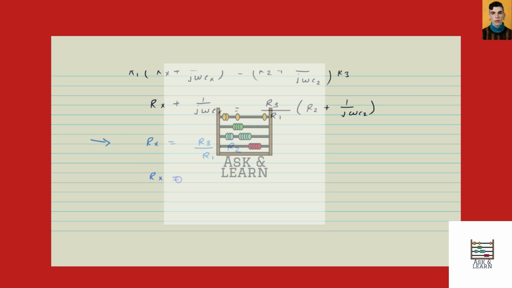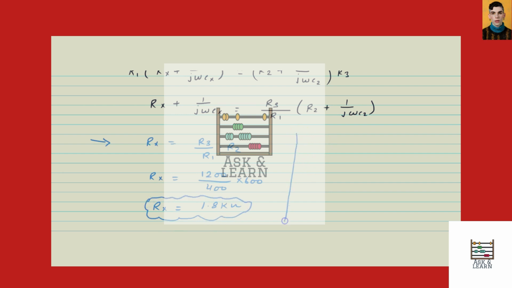Then put the values of R3, R1 and R2. It is simply 1200 upon 400 multiplied by 600. Then Rx will be 1.8 kilo ohm. Is it clear?